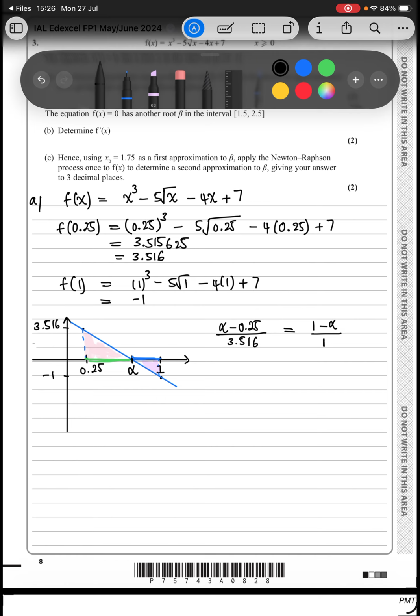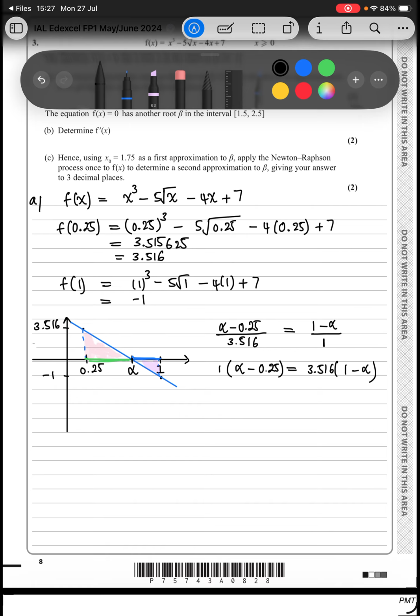And now we can solve to find the value of alpha. We can cross multiply. This one goes to the other side, and this 3.516 goes to the other side. So 1 times alpha minus 0.25 is equal to 3.516 times 1 minus alpha.